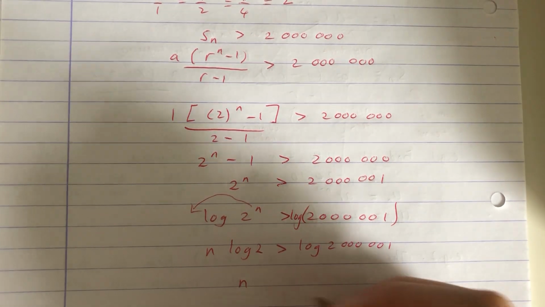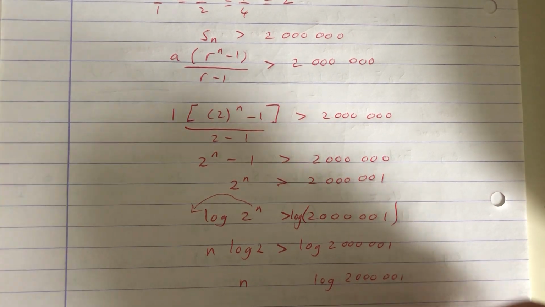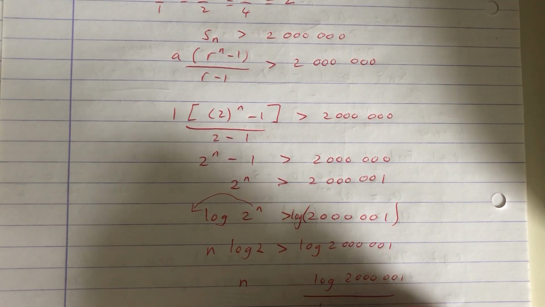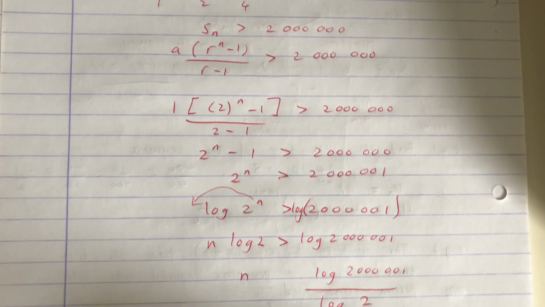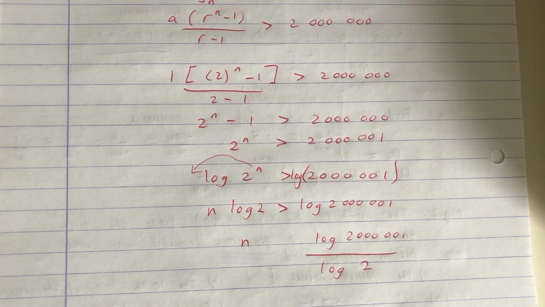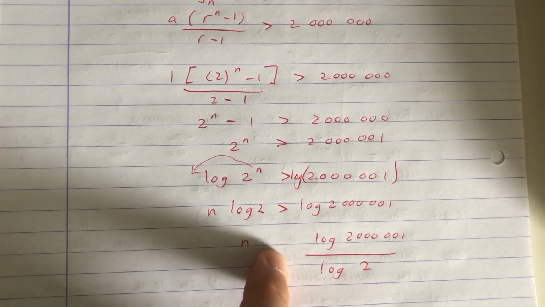And then divide by log 2. And it doesn't really matter which logarithm you pick to whatever base, you should get the same answer for this. Now you'll notice I haven't put the inequality symbol in yet.